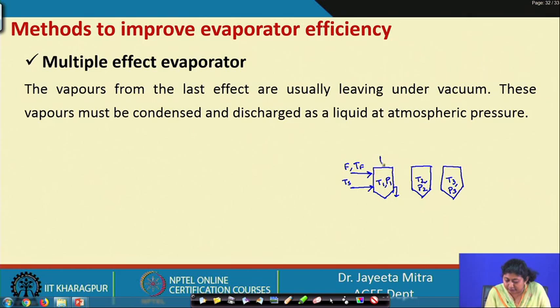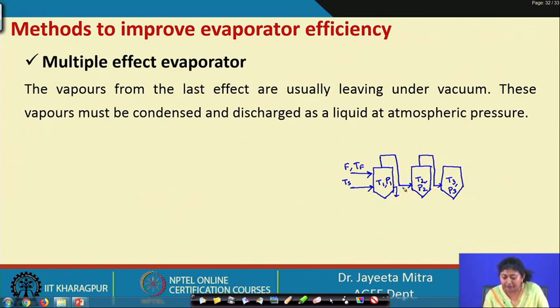Now, the vapor produced from the first effect is going to enter into the second one, and similarly the vapor produced from the second effect is going to be introduced in the third one.